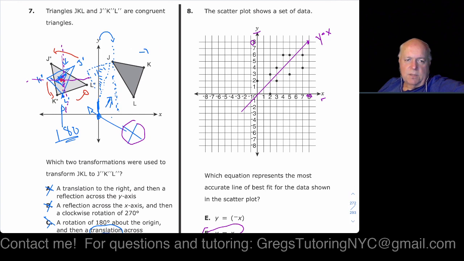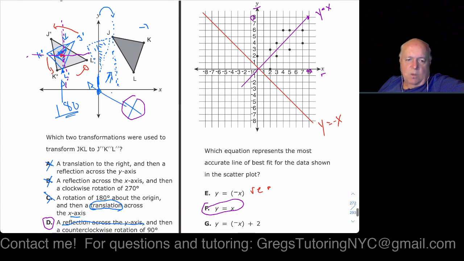We're just sanity checking things here at this point. This is y is equal to minus x. Okay, so the red, that's the red. So it's definitely not that.